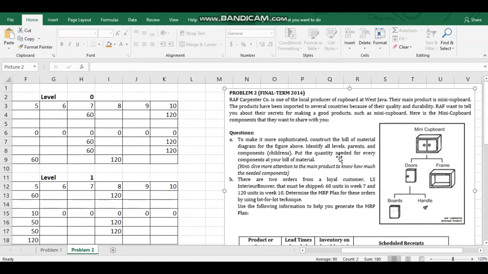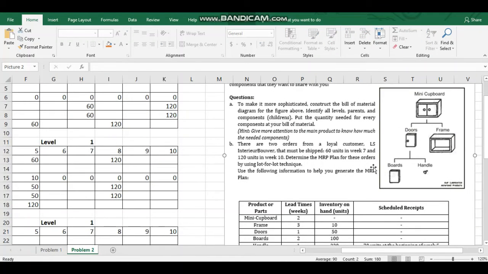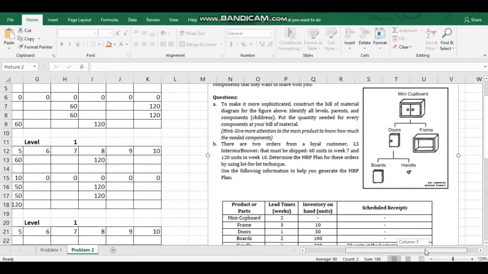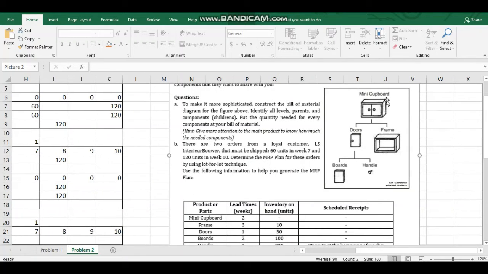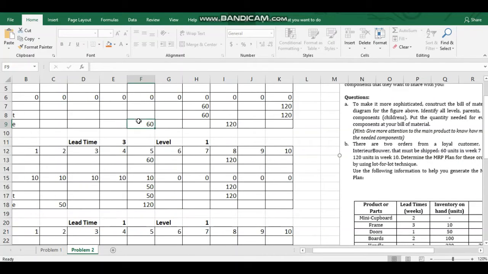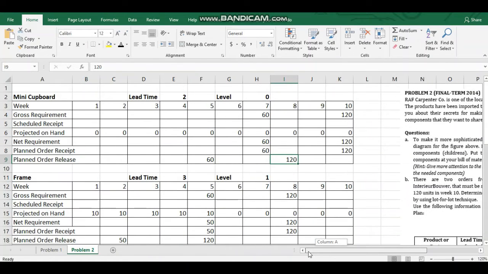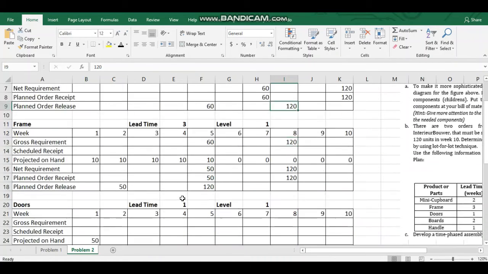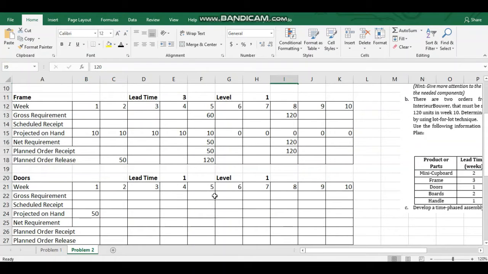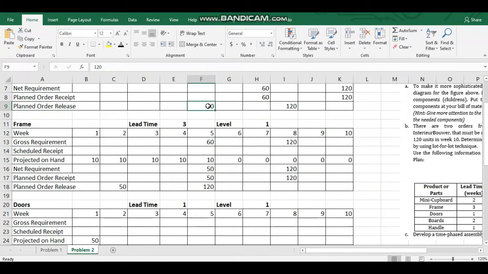Okay, you could see it here in this figure. 1 mini cupboard takes 2 doors, so we have to multiply this number by 2, since 1 mini cupboard needs 2 doors. Okay, so it will appear in week 5 and week 8.